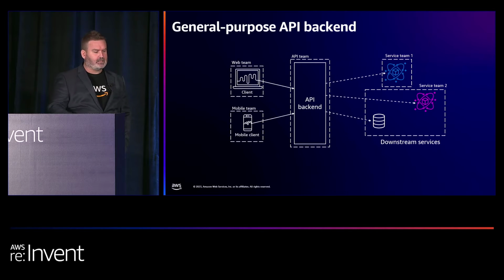As well, the API backend team is also in the middle again, having to make changes based on the downstream services. So other APIs that we're consuming, other databases, other changes that require additional functionality, all being brought into the API backend, making it again that bottleneck.